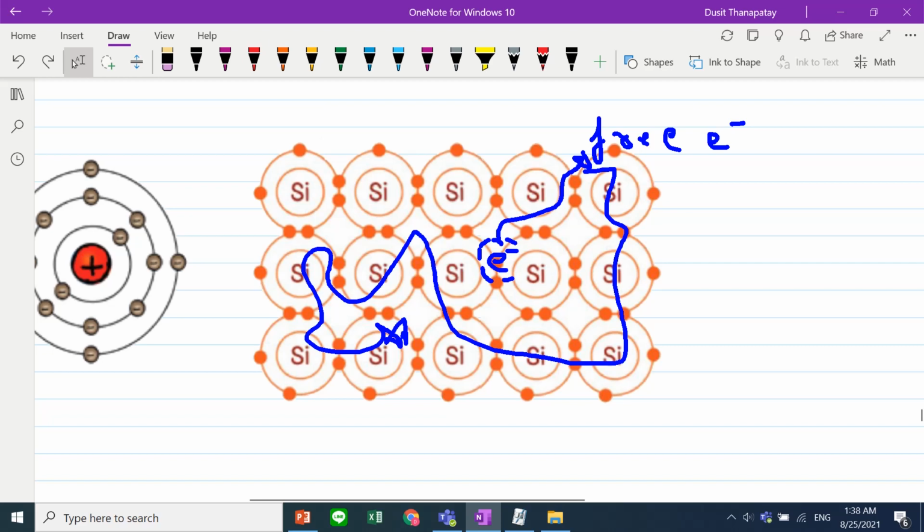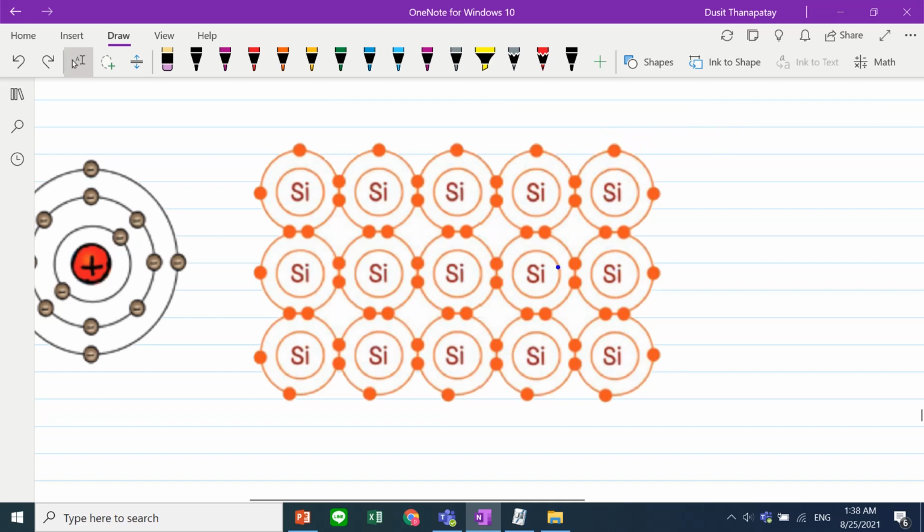If there is some electric field or voltage applied to this crystal, and this electron moves out from this area, then it lacks a minus charge. That means this area will appear to have a positive charge property.